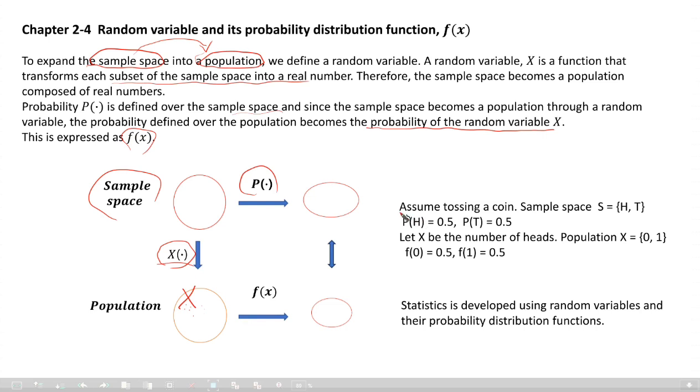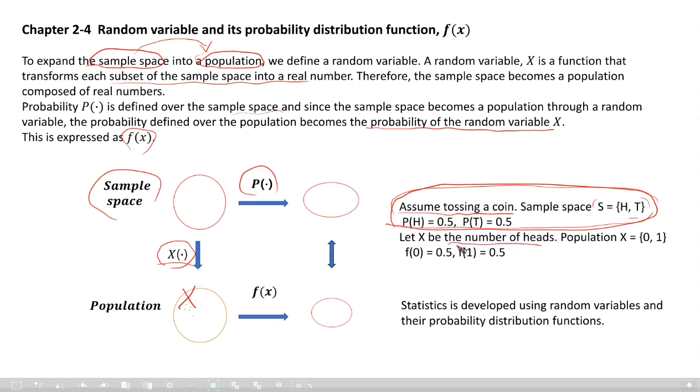Simple example, assume tossing a coin because it is very simple. The sample space consists of H and T, head and tail, right? Probability defined on the sample space is P of H is 0.5, P of T is 0.5, okay? That's it. When we studied probability, this was a simple example. Let x be the number of heads.